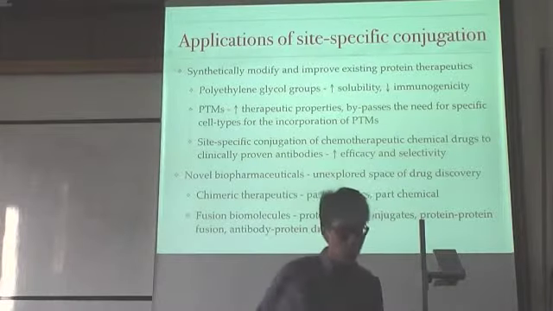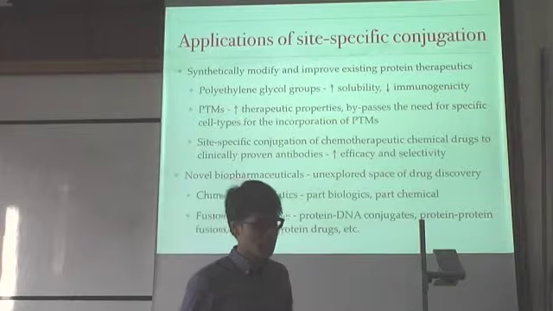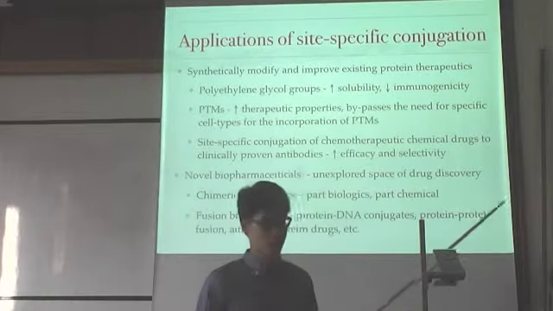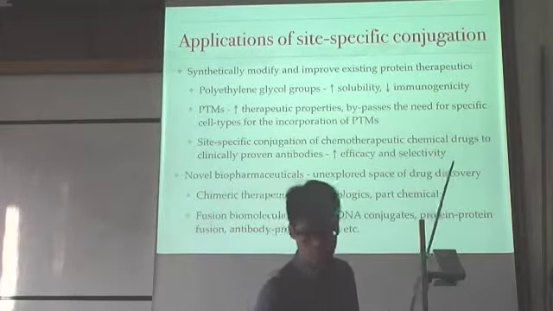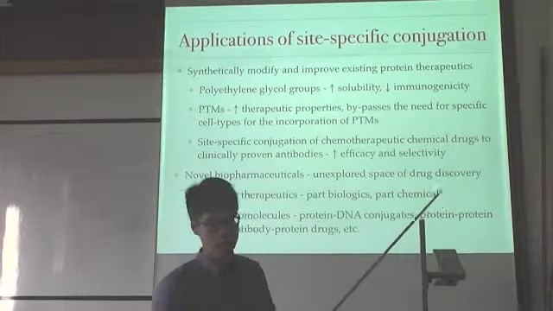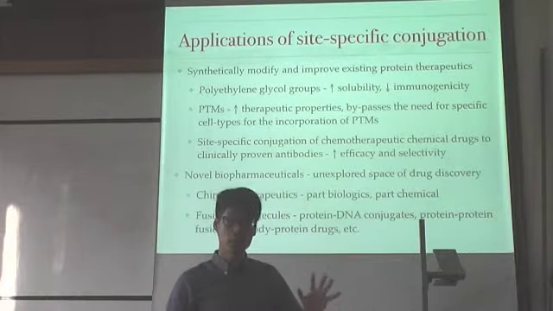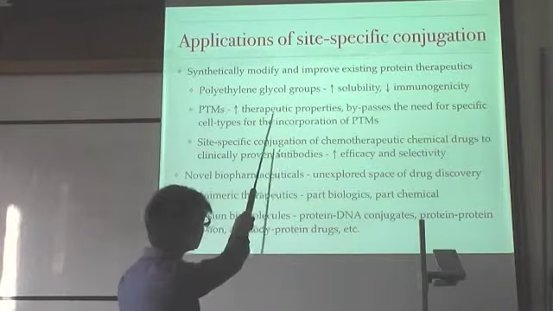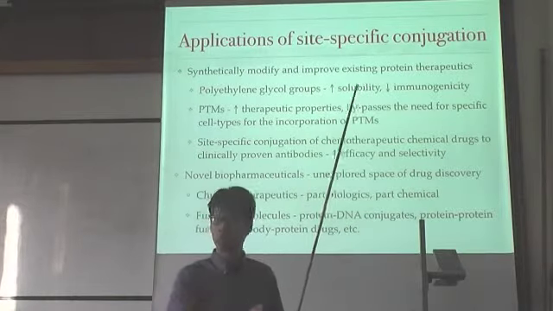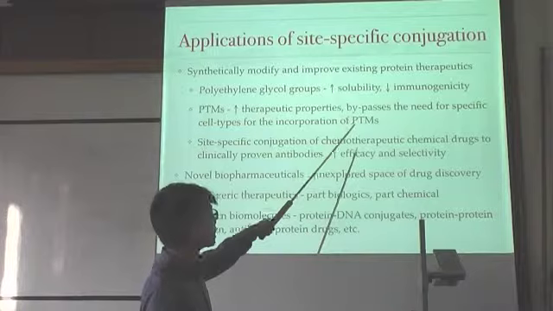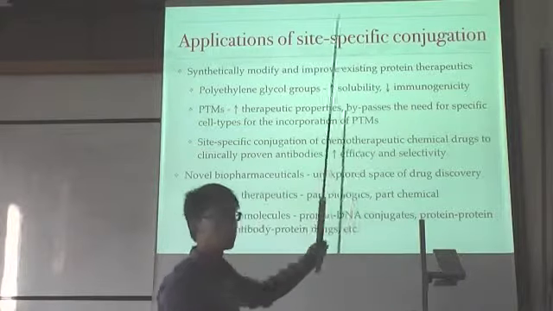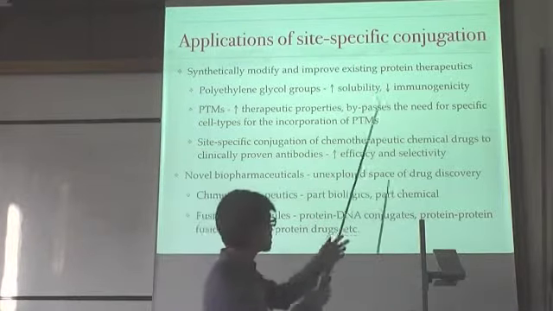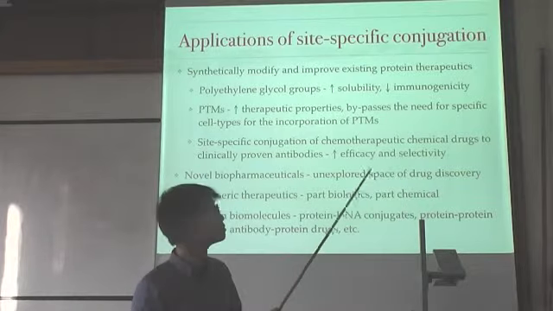So in conclusion, site-specific conjugation is a very important strategy for improving and modifying existing therapeutics. You can put chemical groups such as polyethylene glycol groups site-specifically onto the protein, which would increase its solubility and decrease immunogenicity, which is good.